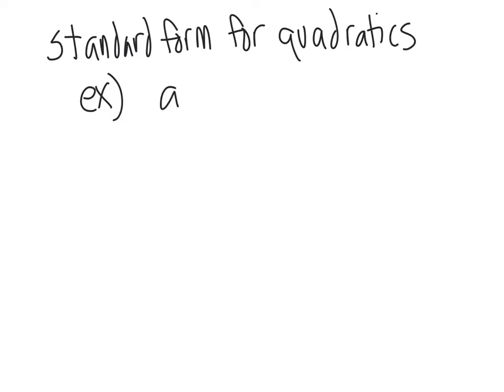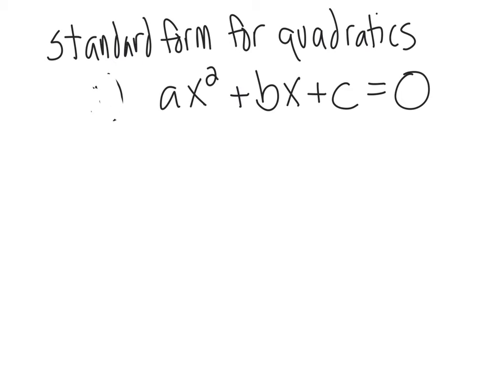Here's the form: ax squared plus bx plus c equals 0. Any standard quadratic is going to be in this form. It has to equal 0 or else it won't be in standard form.